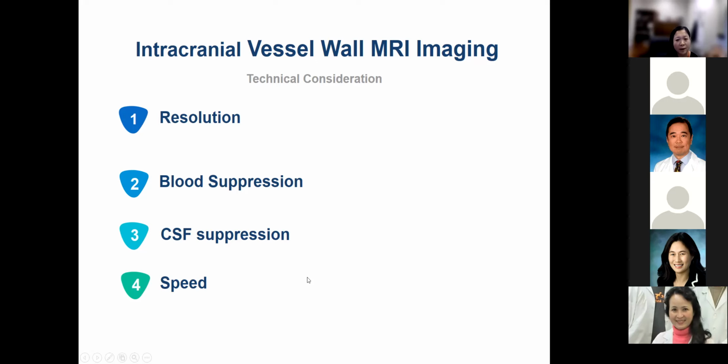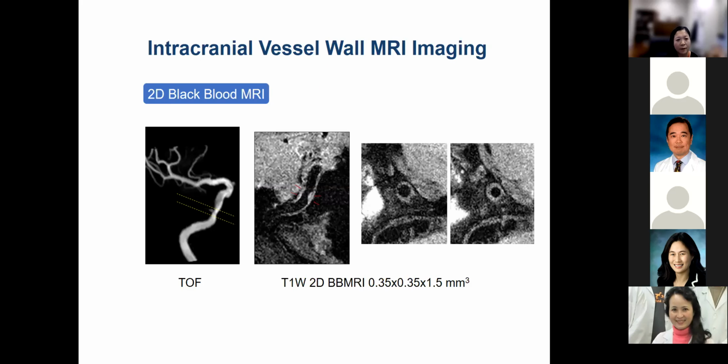For all MRI imaging, speed is very important, especially for stroke patients, because most of the time they cannot hold still. So we have to acquire this image in around 5 minutes for clinical applications.